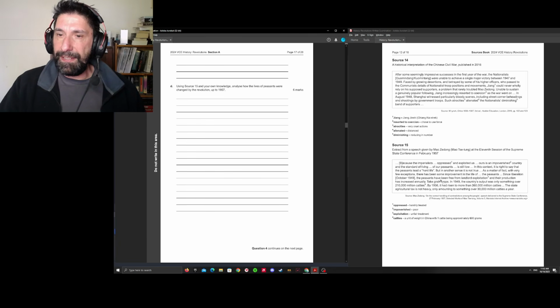A bit of context here. So this is during the first 5-year plan, and this is when cooperatives, collectives were introduced.